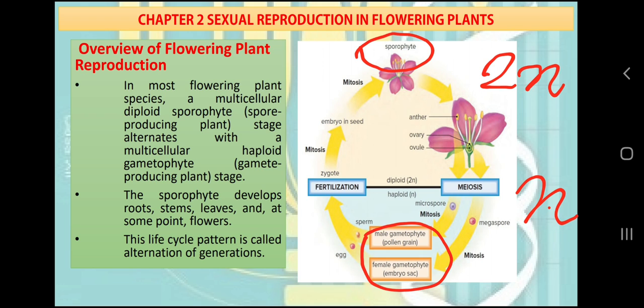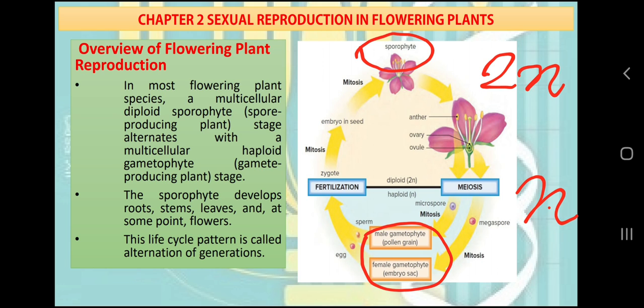In case of these plants, we can find a plant in haploid condition, which means all cells will contain only a single set of chromosomes, or we can find a plant in diploid condition, which means all cells of that plant will have double sets of chromosomes. So this type of life cycle is called alternation of generation. It means one generation is diploid and another generation is haploid, and that diploid generation is called sporophyte, which we have learned in class 11th.